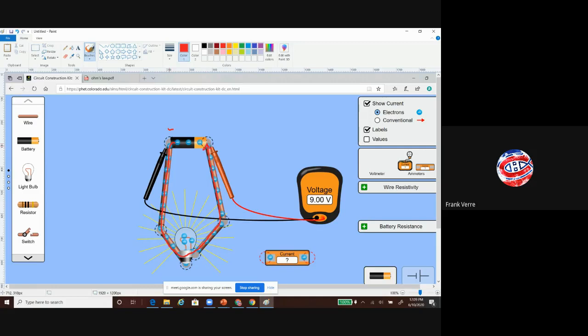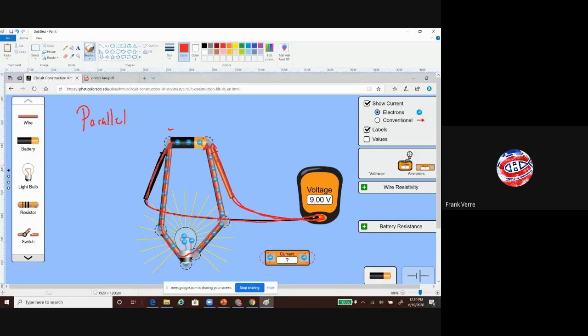But I can also see electricity following a separate path that goes through this wire into my voltmeter, and then through my voltmeter, and then back. So because it has more than one path, this is what's called a parallel circuit, and a voltmeter has to be connected this way to work.